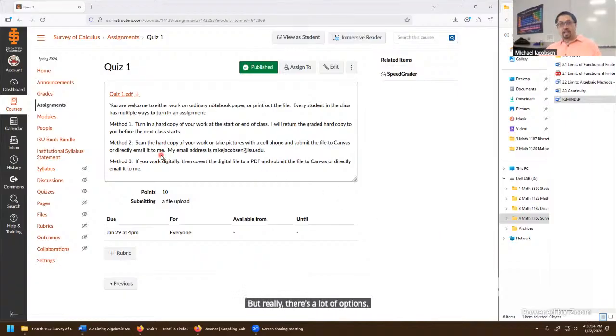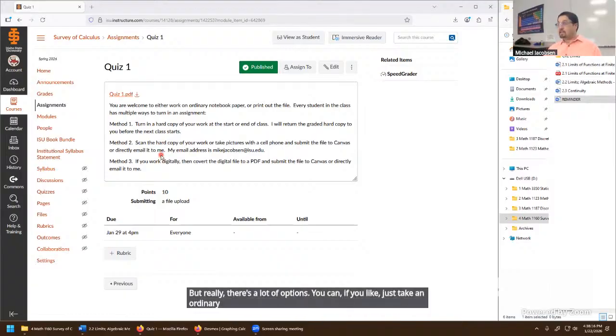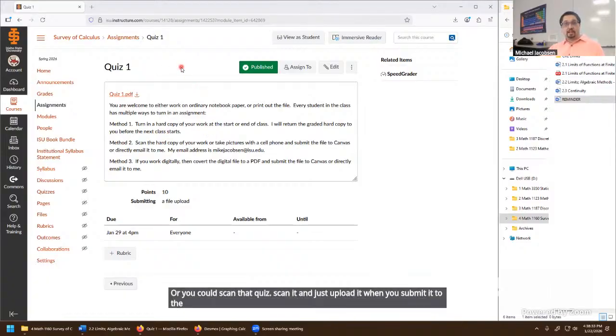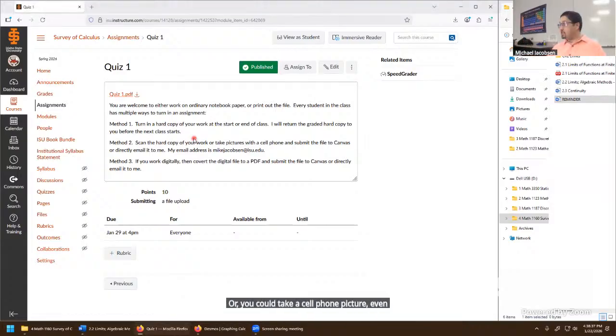You can, if you like, just take an ordinary sheet of paper and solve the problems that you saw on there on paper. Then you can turn it in, say, in person at the start or end of class if you're here on campus. Or you could scan that quiz and just upload it when you submit it to the Canvas system. Or you could take a cell phone picture even and just send it to Canvas.